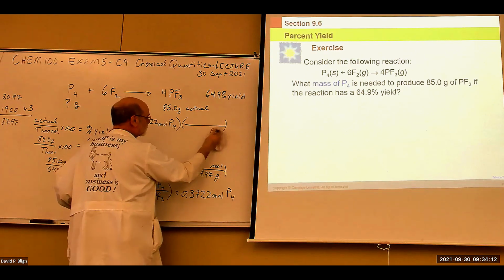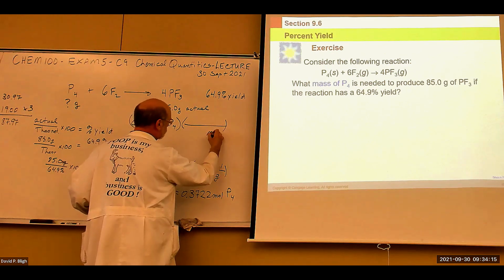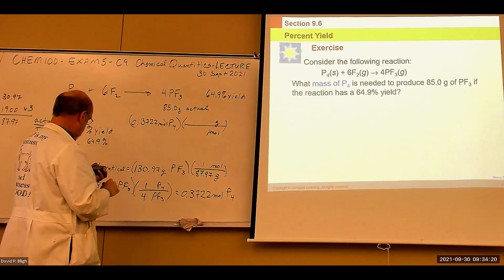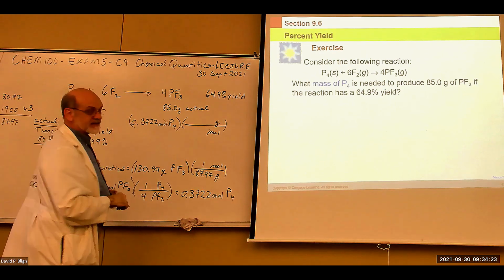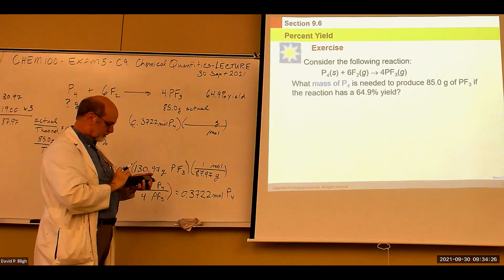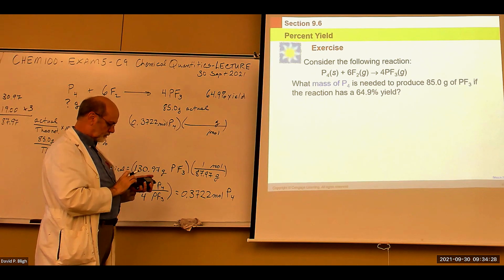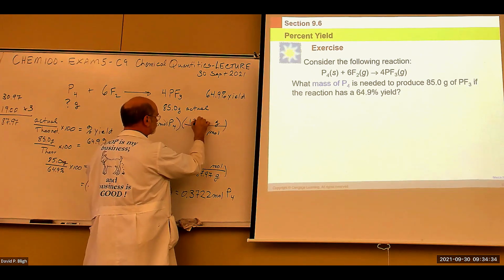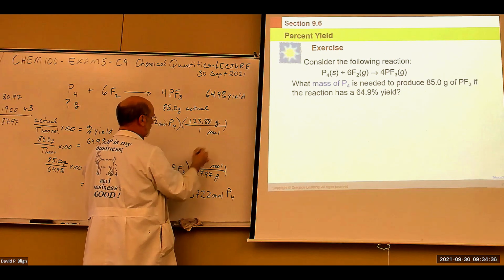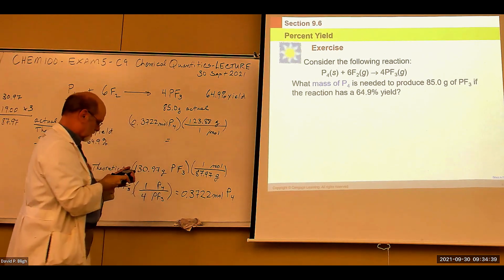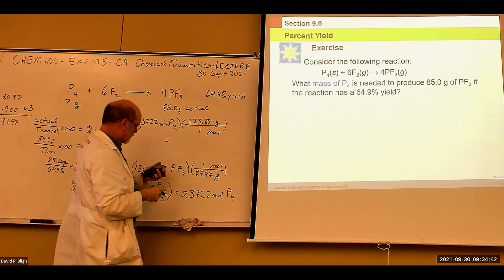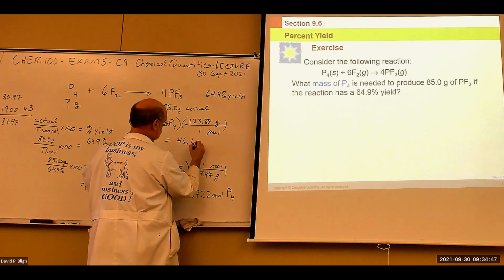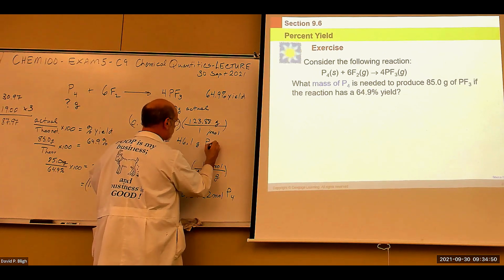You see moles on the bottom, grams on the top. Convert like that. So that was 30.97 times 4, which is 123.88. Times that value, and I get 46.1, rounded off to 3 significant figures, grams of P4.